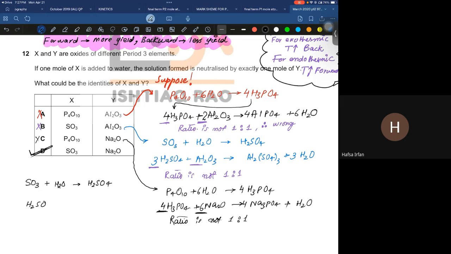Yeah, it's balanced. Then H2SO4 is going to react with sodium oxide. And then it would be forming Na2SO4 plus water. So since the ratio is 1 is to 1, that's why option D is correct.